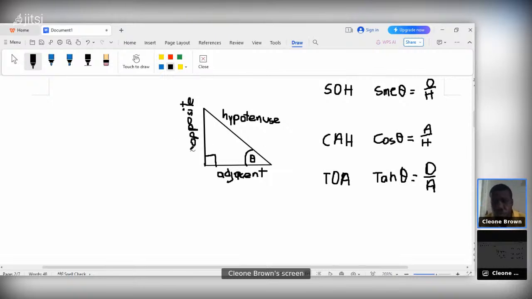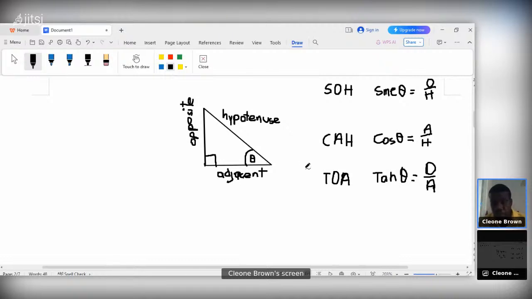So if you have two parts of the equation, then you can solve for the third part. With the cosine, say you have the adjacent and the hypotenuse side, you can solve for the reference angle.